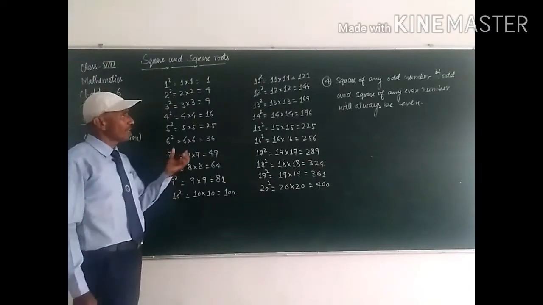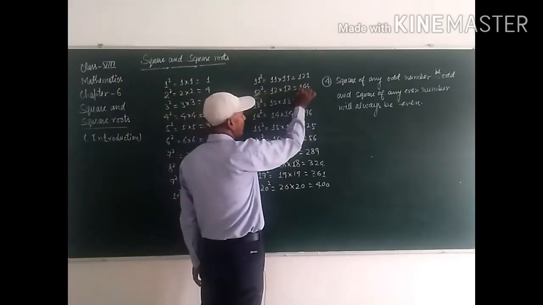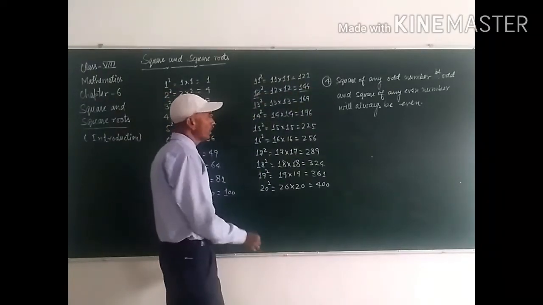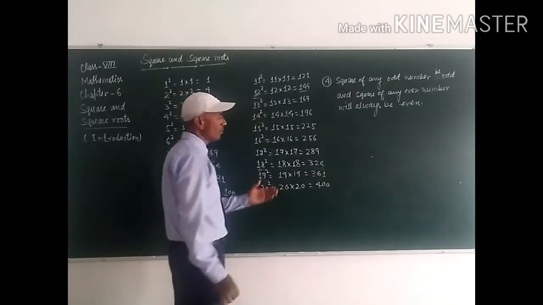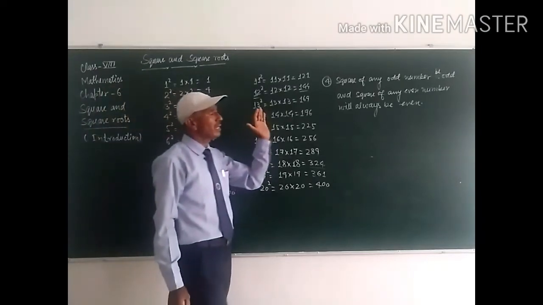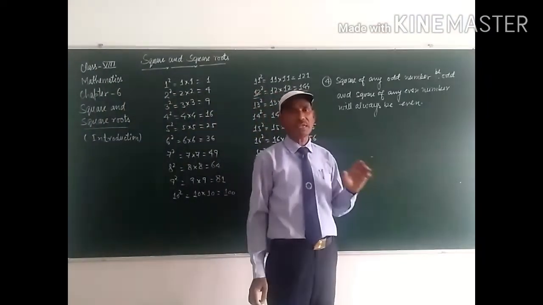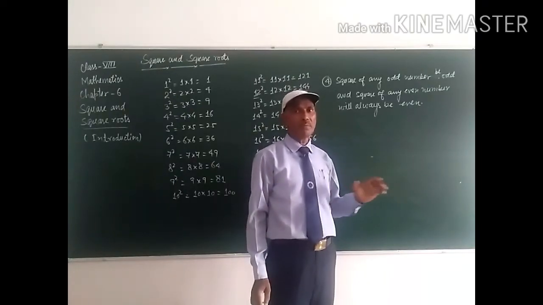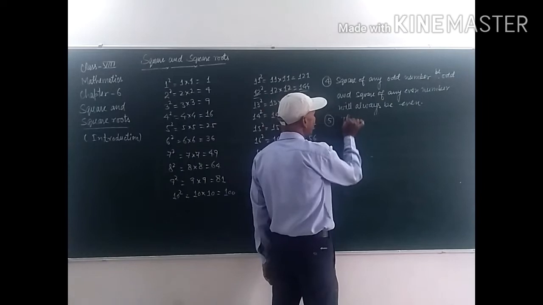And square of even numbers, student, this one 12, 12 is an even number, so the square of this number is 144. Square of 18, this one 324, that is an even number. Clear, student? So the square of any odd number will always be odd and the square of any even number will always be even.